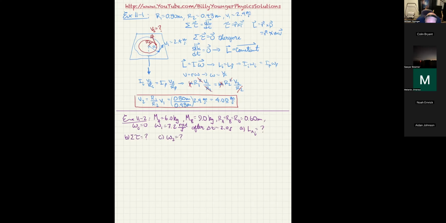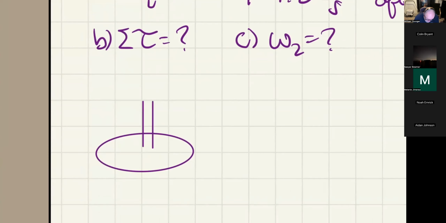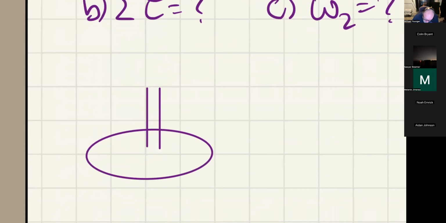So I'll just draw kind of quickly the figure that we're talking about here. For starters, you can look at it as if we have a plate on a rod like that. Of course, this is supposed to be the rod connected to it, and that means this ends here and that ends there.